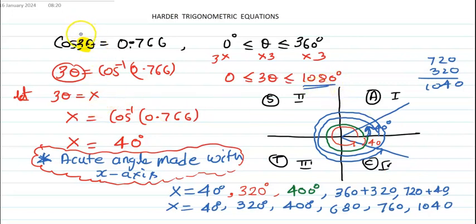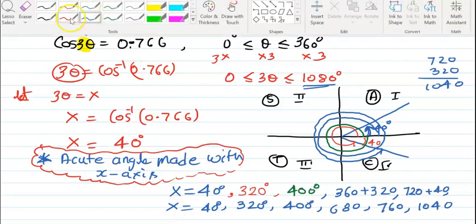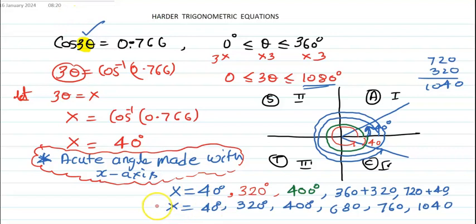But they have asked you to find theta. What we have found is x. So we need to convert x into theta. So x is basically 3 theta. So we divide everything by 3 to get theta. Divide by 3, divide by 3, divide by 3. Can you divide by 3 and see how much it is coming?